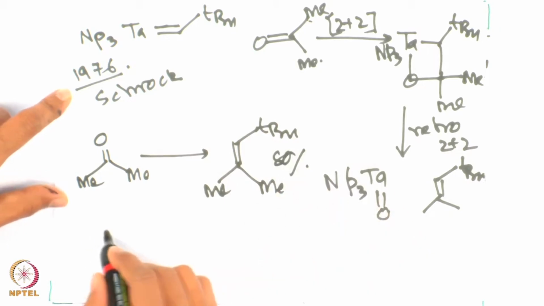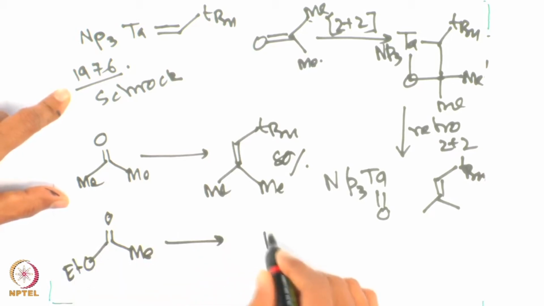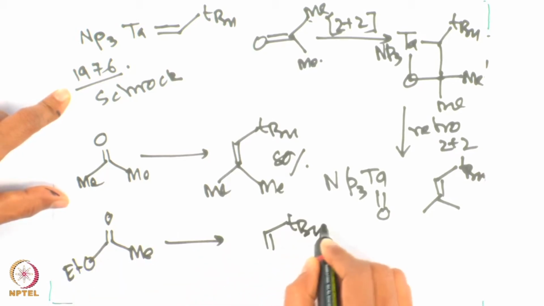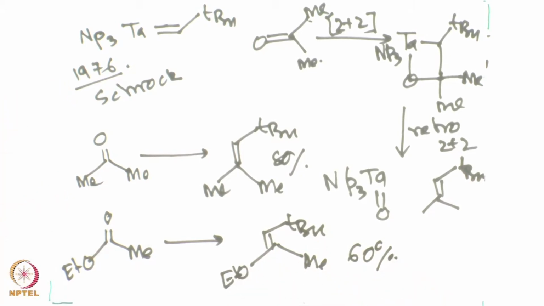Okay, that is great. Interestingly, as I was telling, the ester also reacts to give you the corresponding olefin in 60% yield. Now, Wittig reaction of course does not work with the ester, because ester is less nucleophilic in nature.